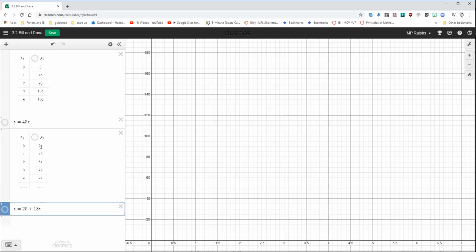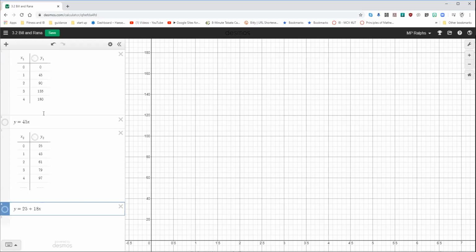But this one, for Bill's, starts at 25, and that's matched up with 0 hours of work. Whereas if we look up at the top for Rana's table of value, each of the changes from 1 hour to the next amount of work is $45. So the change is $45 in each of these rows, but it's starting at 0.